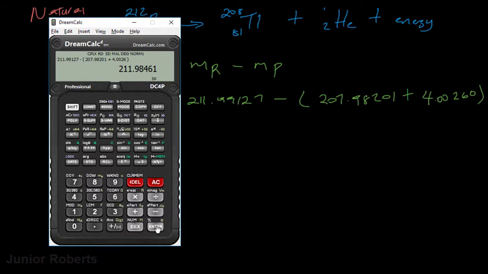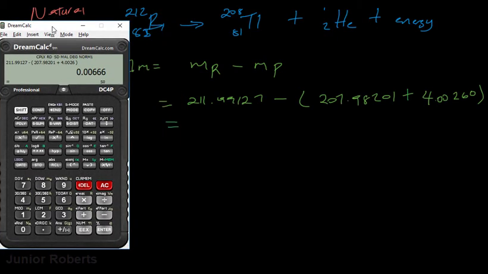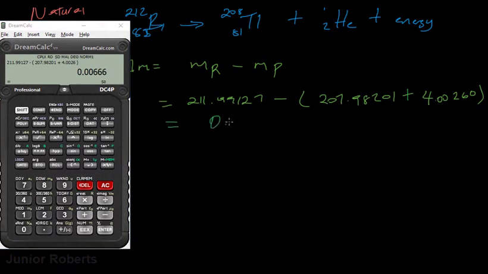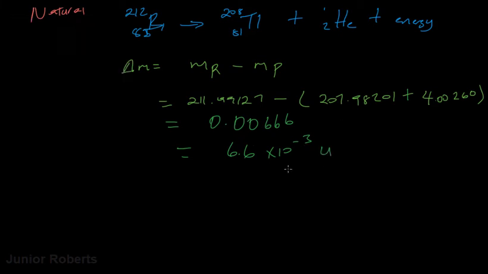And then we say equal, and we get a mass defect of 0.00666. So in other words, we get 6.6 times 10 to the minus 3, and this would be atomic mass unit.